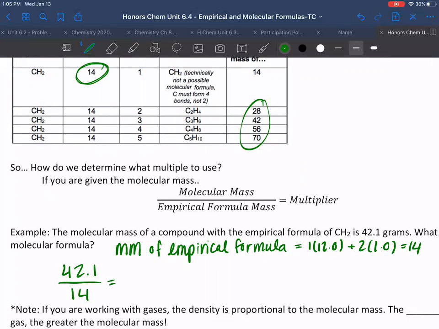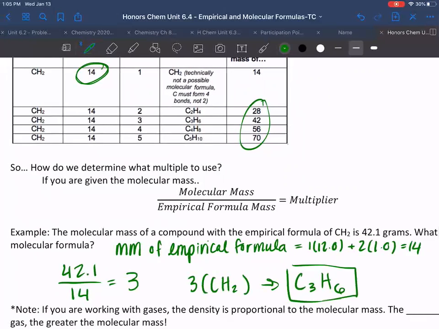You find out your multiplier is 3. So now all you have to do to get your molecular formula is take 3 times CH2, which leaves you with C3H6, and that is your final answer. So once you find your multiplier, you're just incorporating that into the number of atoms. Any questions on finding molecular formula?